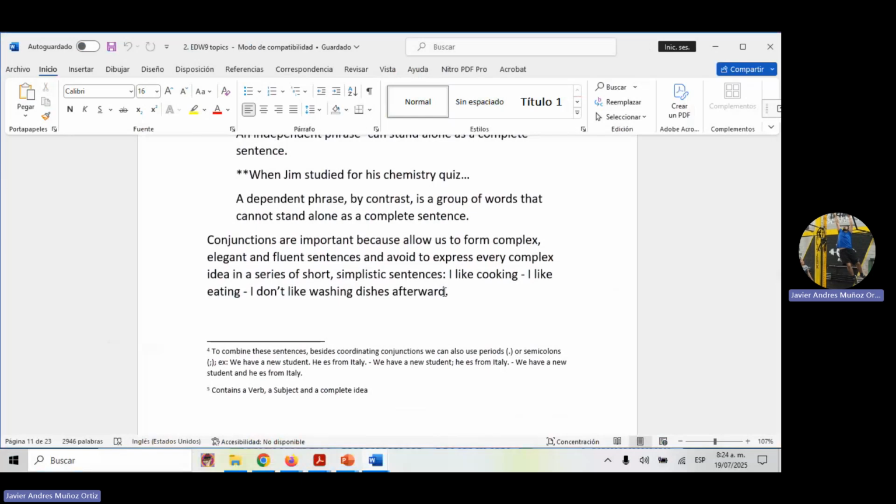Another example, for example, we could say I love chocolate ice cream. I love strawberry ice cream. I love vanilla ice cream. I love lemon ice cream. I hate watermelon ice cream. I hate chocolate ice cream.